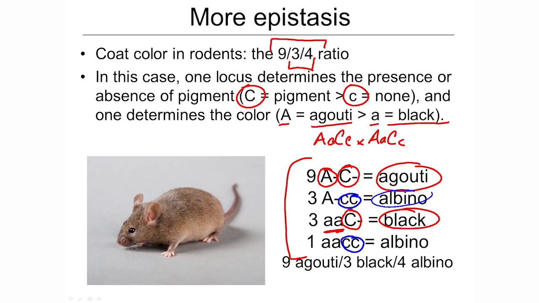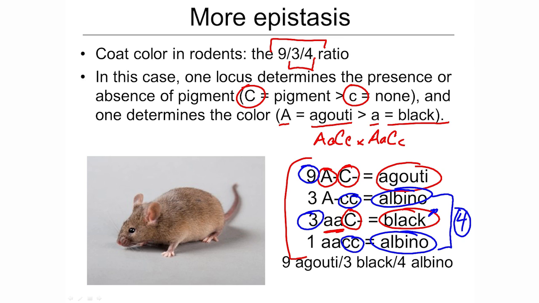So both this one and this one are albino. It would have been the same as before if this made a white pigment, right? But we're throwing another pigment into the mix. So what we've got here is this one and this one look the same. So that's the 4, and you have 9 to 4 to 3 in your ratio. 9 agouti colored, 4 albinos, and 3 black.